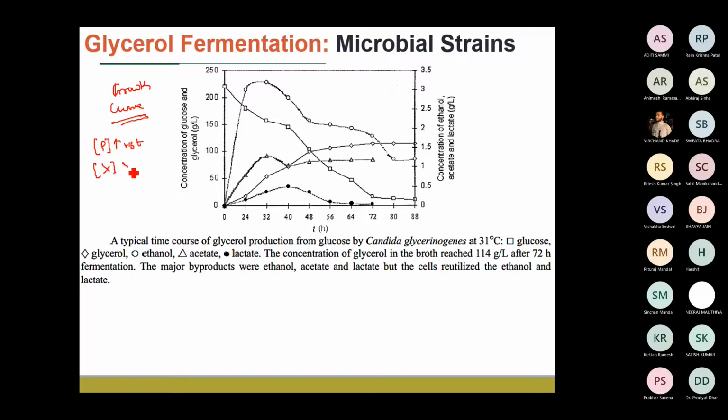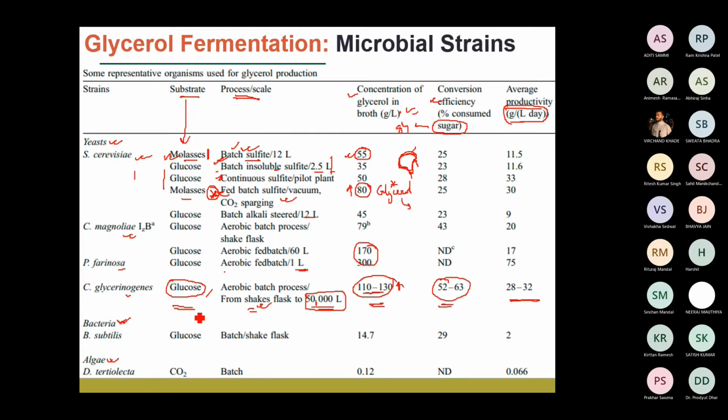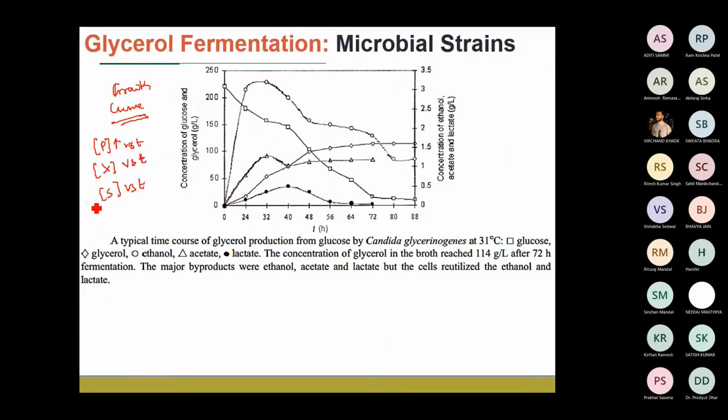We also see how the biomass is produced with respect to time. And another piece of information is how the substrate, for example molasses, glucose, or whatever the substrate is, is being utilized with time. These three parameters are information that we obtain from the growth curve, be it for any biochemical production.